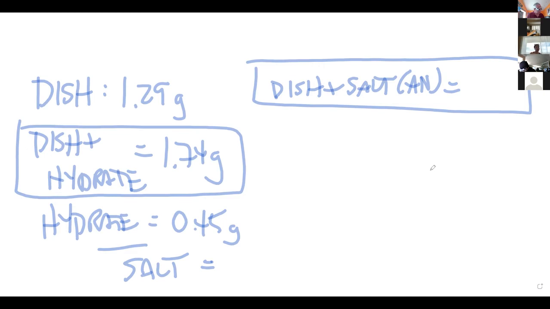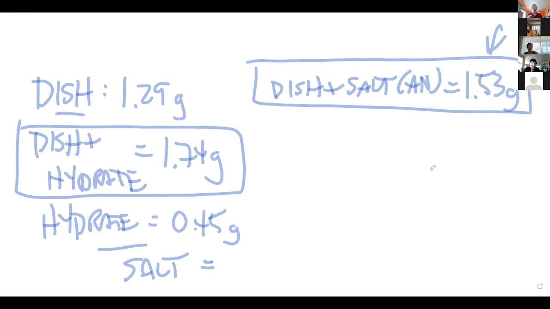I'll make sure I got triple zeros on my scale. Put it on there. And now the mass is 1.53. So the mass of my salt is this mass minus the dish.